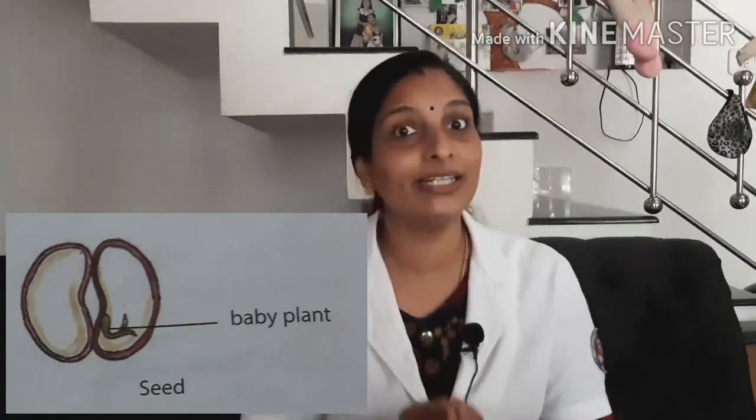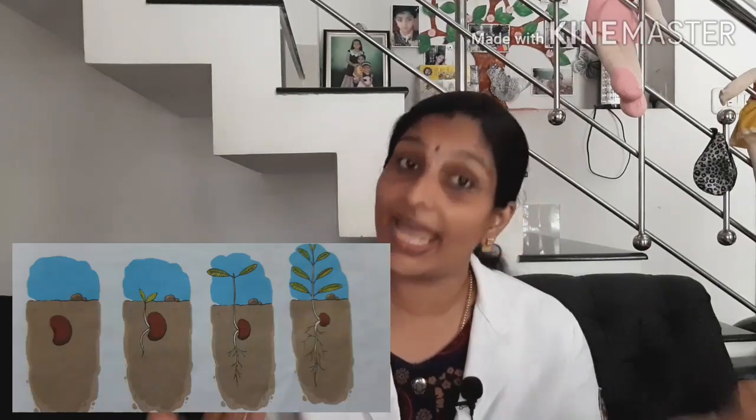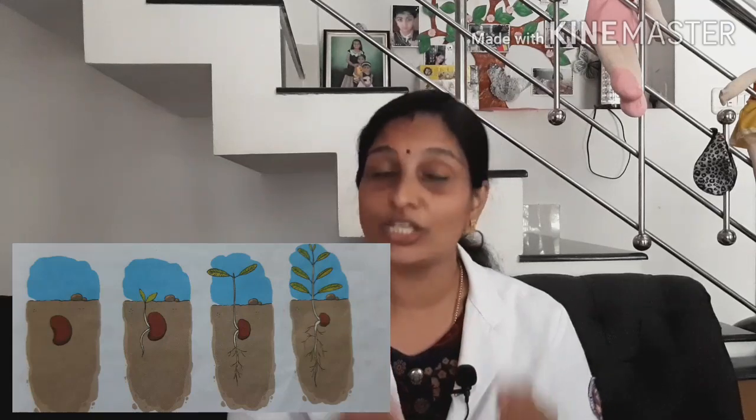Flowers produce fruits, and inside fruits we can see seeds. From seed, a new plant will arise. Inside the seed, we can see the baby plant. When the seed gets proper conditions like warmth, water and air, the baby plant starts growing.